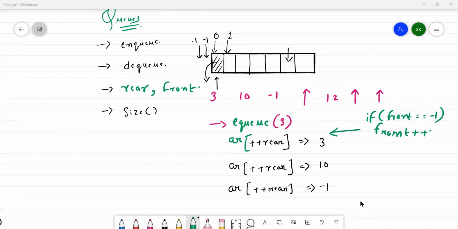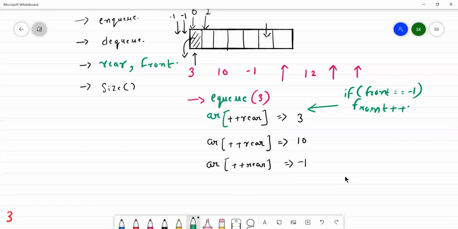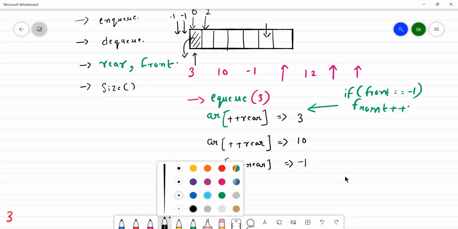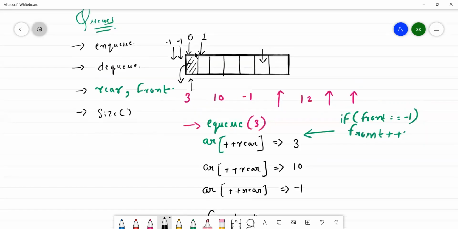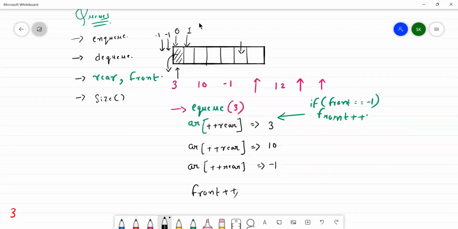Clear to all? And afterwards, whenever a deletion operation comes, what you need to do is front plus plus. Clear? So when your front was already at 0, now if you do front plus plus, it will come to 1. Anyone having any questions in this particular concept of front?